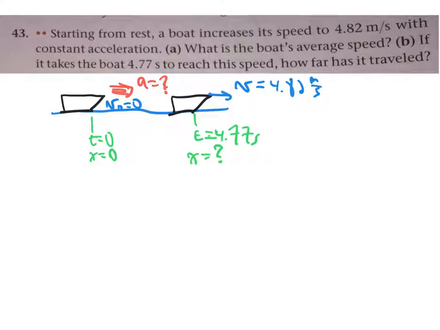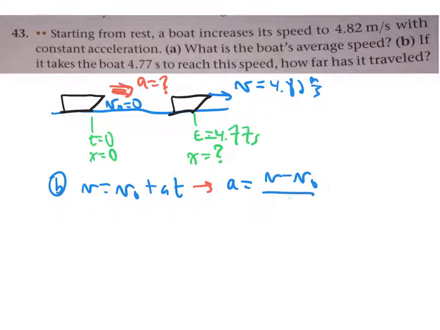All right, so here is our problem again with a slightly revised sketch, but nothing really changed in it. I'm going to approach this backward and do part B first, and then get part A, which will be almost trivial. To get part B first, I really need to find the acceleration. So I'm going to take the equation v equals v0 plus at, and solve that for a. I get that the acceleration is v minus v0 all over t.